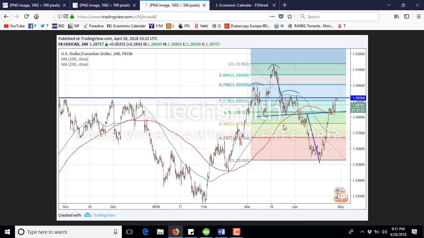This was the neckline, and of course the biggest trap that the head and shoulders pattern possesses is that people start entering the pattern because they see the shoulder, they see the head before the neckline is broken, and this was not really good for trading, because you can see here that we broke through the neckline, and then we went up again above the neckline. This was not very good, and I can imagine that a lot of people got stopped out here. But then we continued to go lower, which I think proved again to be a biased trade.